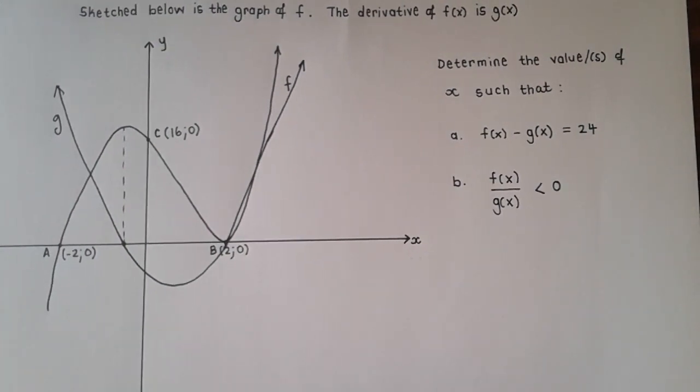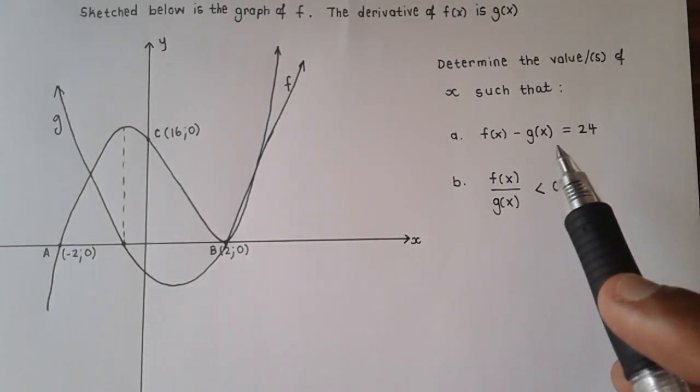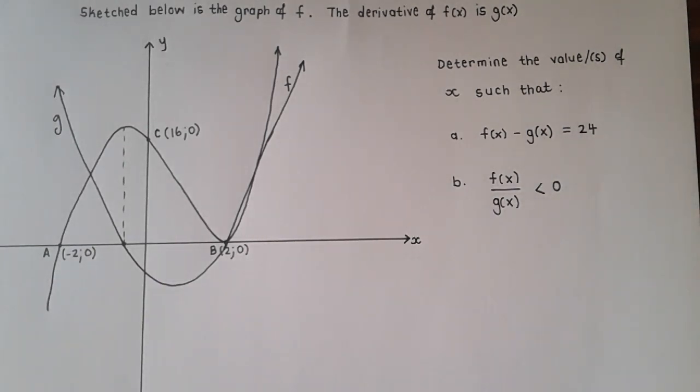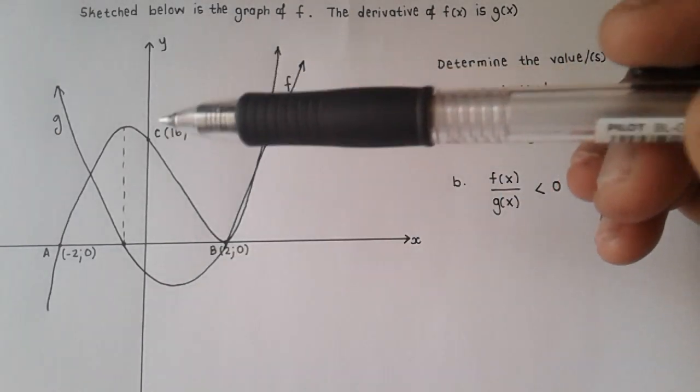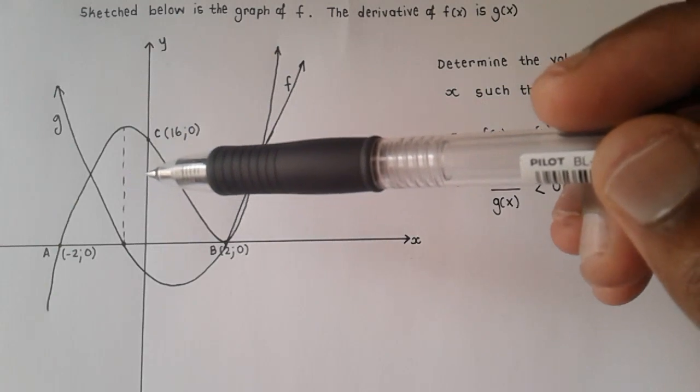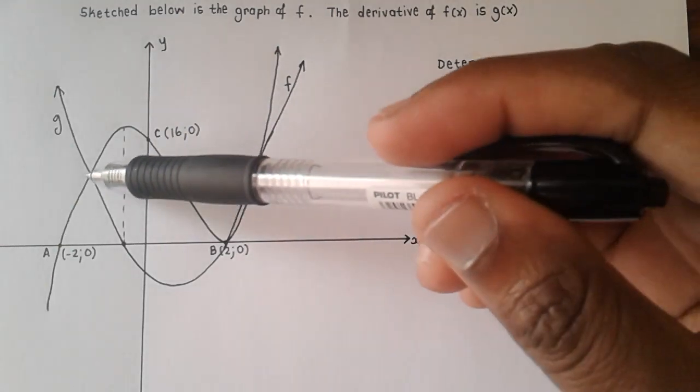What do we need to fill in over here? For the first question, we're looking for distances, so we have to be concerned about points that we can figure out and look at their y values.